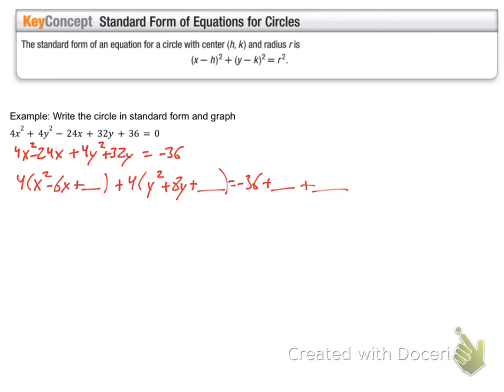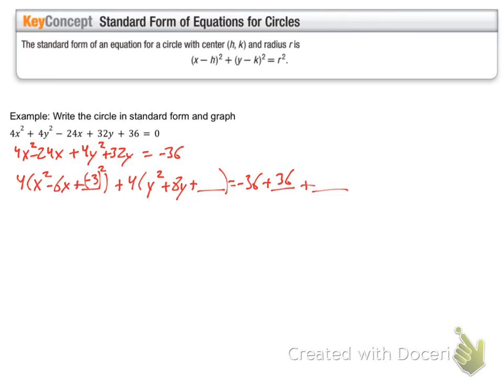What do I add in the first group with x's? 9. It's a 9, but it's really just negative 3 squared because half of negative 6 is negative 3. Negative 3 squared is 9. What do I add to the other side, though? 36.